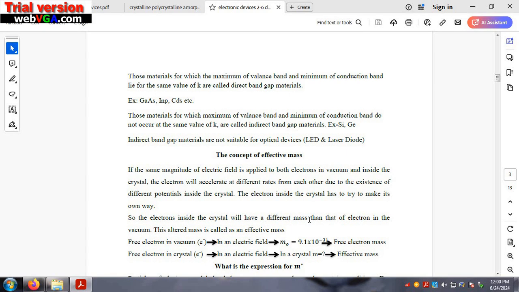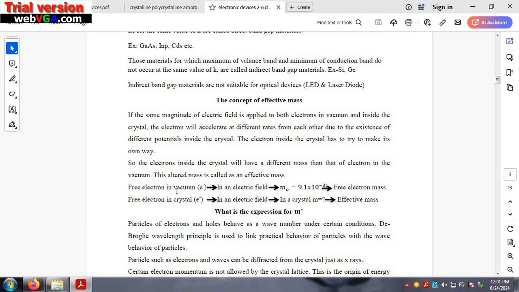Under the influence of that electric field, the electrons will accelerate, but the rate of acceleration differs due to the existence of different potential inside the crystal.